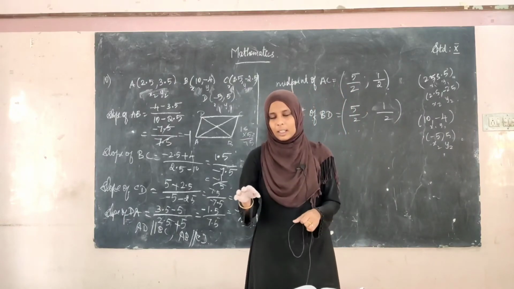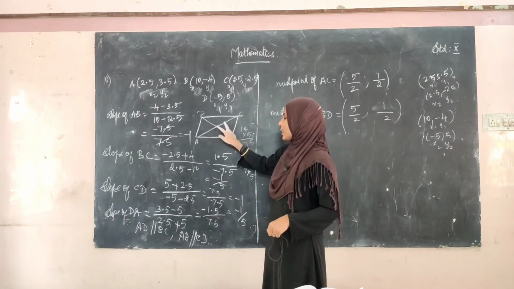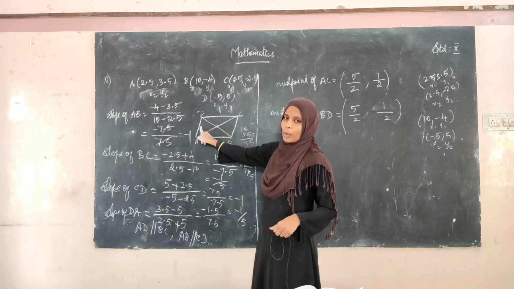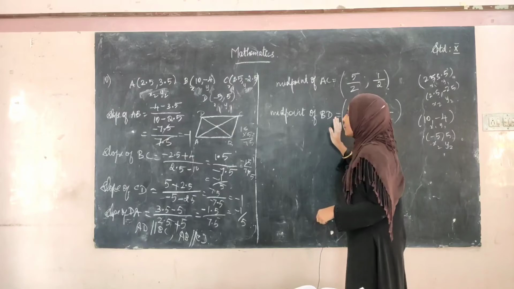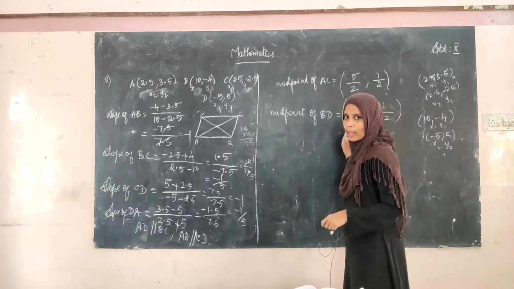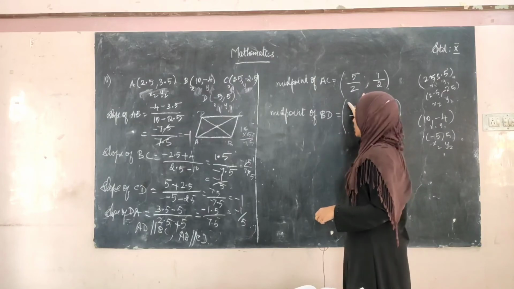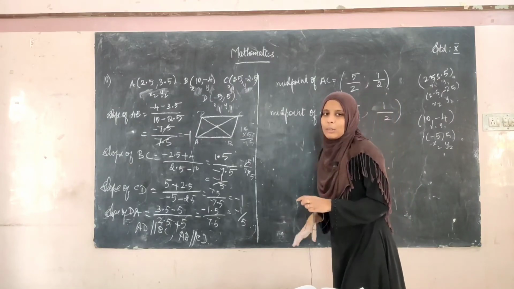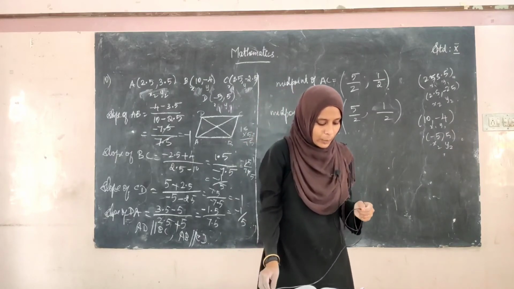So you can just draw like this, A, B, C, D. Take the midpoint of AC and the midpoint of BD and equate them. If you equate that, you get two equations, then you can easily solve the values of x and y. Okay. Now let us see the 12th sum.